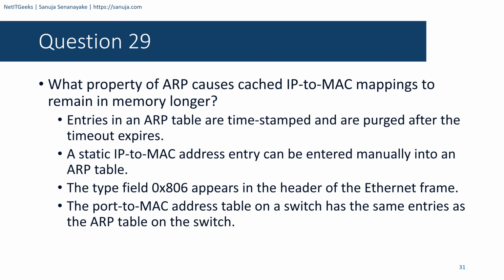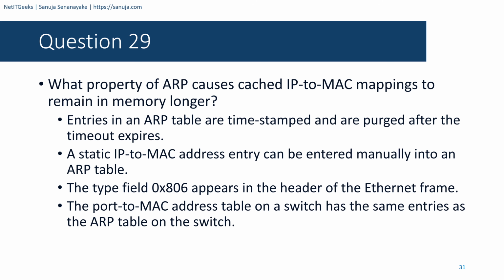So the answers include: the entries in the ARP table are timestamped and are purged after the timeout expires. A static IP to MAC address entry can be entered manually into an ARP table. The type field 0x806 appears in the header of the Ethernet frame. The port to MAC address table on a switch has the same entries as the ARP table on the switch.